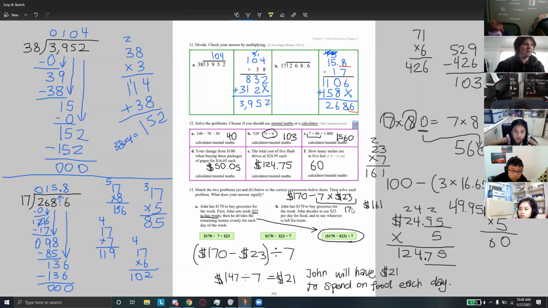And $170 minus $161 will give us a total of $9, right? And so for B, I will write John will have $9 left for treats.